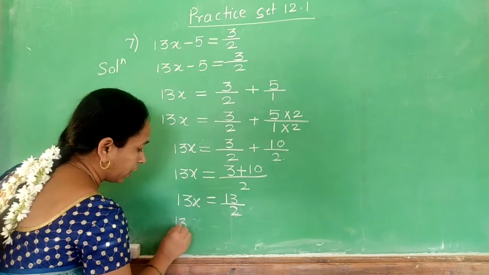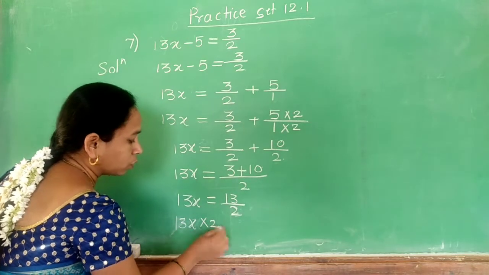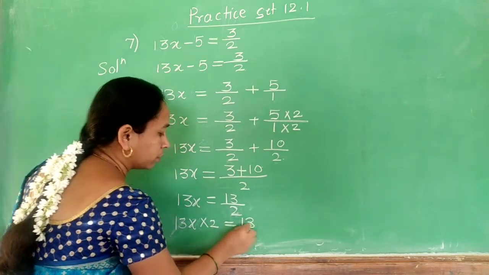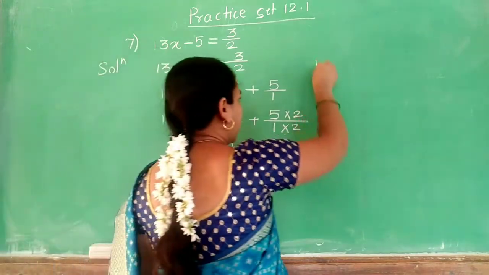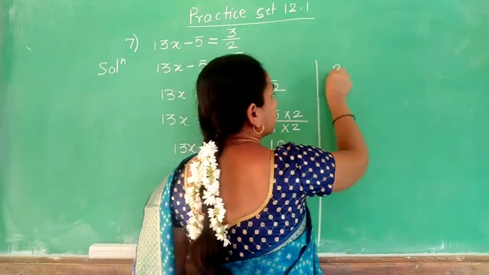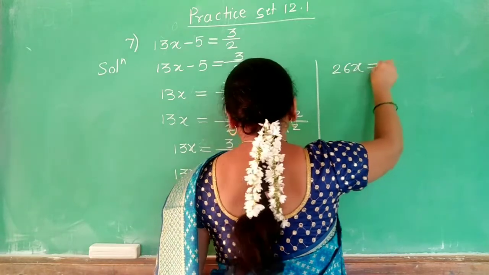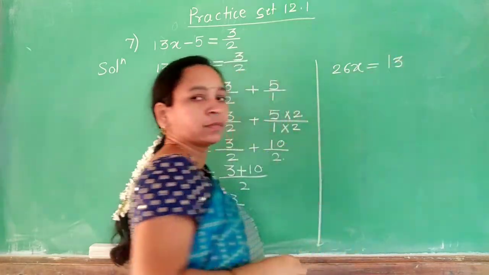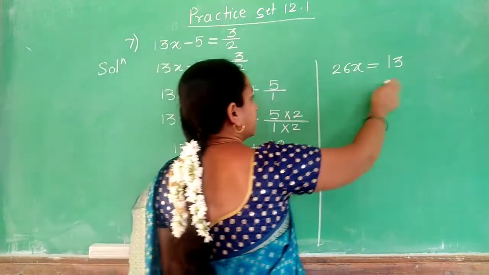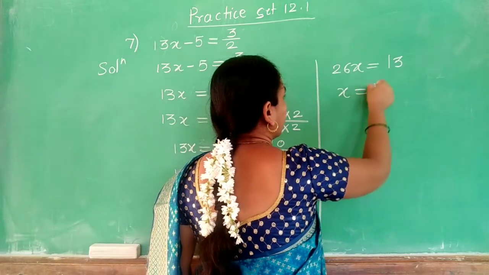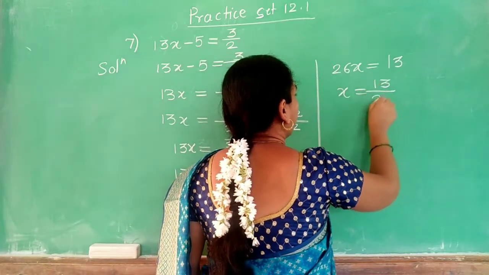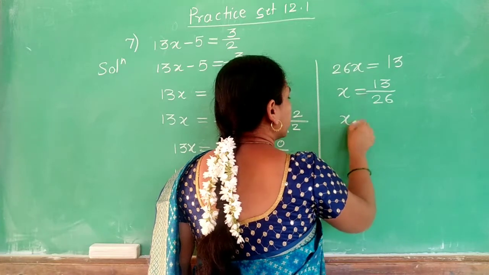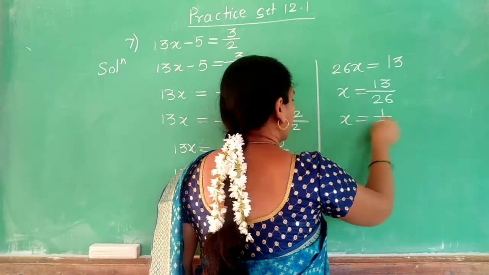So 13x multiplied by 2 is equal to 13. That means we will get the answer 13 twos are 26x is equal to 13. Or this 26, transfer it on this side. So here 13 upon 26, and if you reduce it, you will get the answer 1 upon 2.